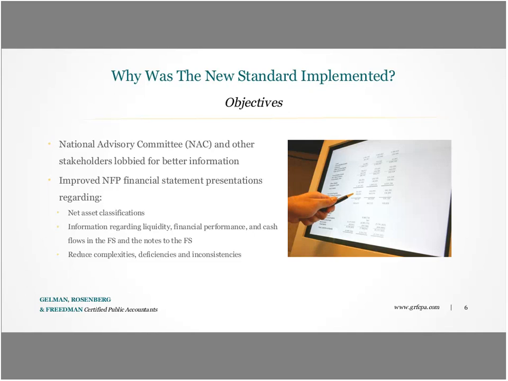And lastly, it was hoped to reduce the complexities, deficiencies, and inconsistencies in the not-for-profit financial statements and notes. I think overall, the stakeholders, as well as the National Advisory Committee, wanted to enable all nonprofit organizations to tell their financial story, and it's believed that these particular changes will do just that.